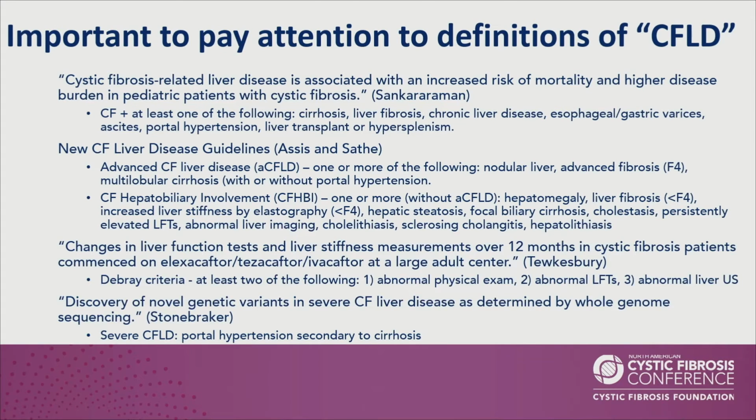As you listen to the talks today, I want you to pay attention to what definitions are being used. I noted here that with the exception of the 2 guidelines talks that use the same definitions for advanced CF liver disease and CF hepatobiliary involvement, all of the other talks use some other variation.